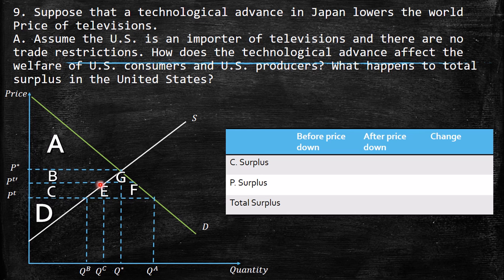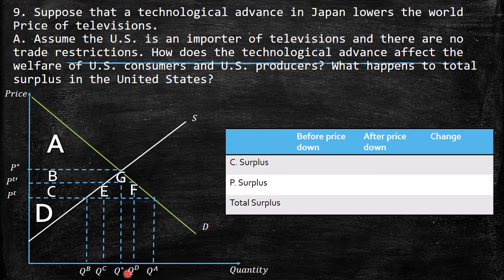So producers will supply, instead of Q star, QC, because they don't have the same incentives to produce, because before they could offer the products at the price of Q star. So due to the trade, they have now to produce QC.